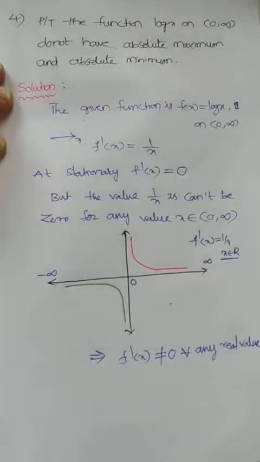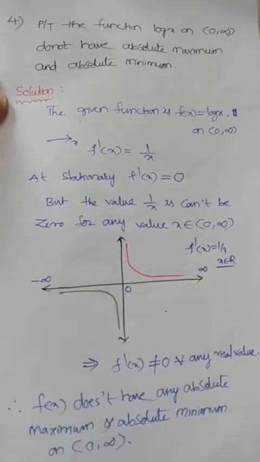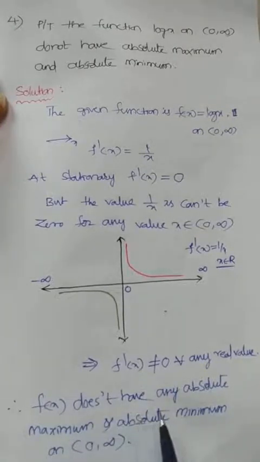So f dash of x can't be 0, meaning the stationary point will not exist for the given function, so we can't have any absolute minima and maxima values for the given function. So what is our conclusion? f of x does not have any absolute maximum and absolute minimum on the open interval 0 to infinite.